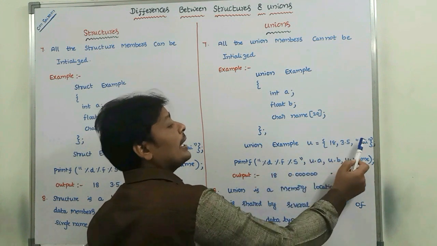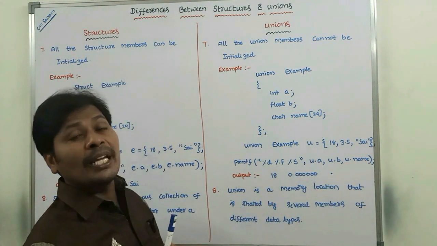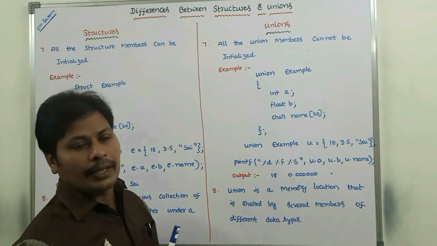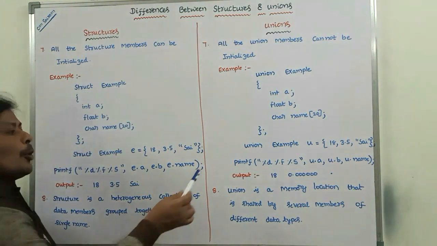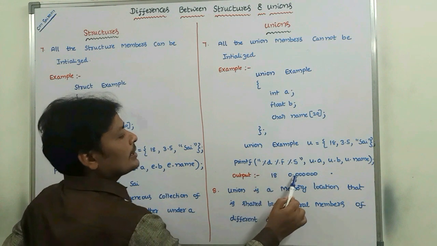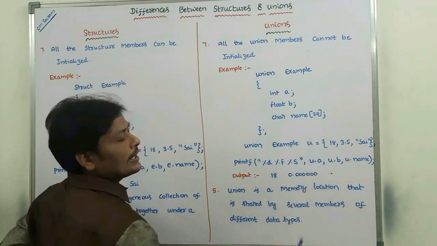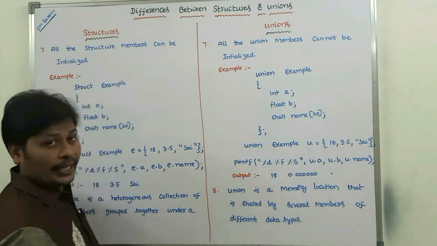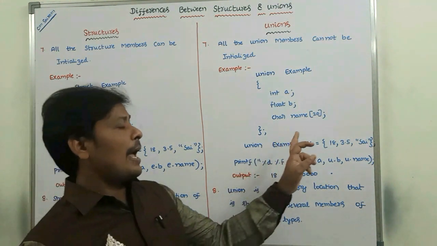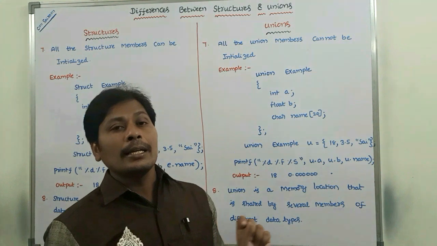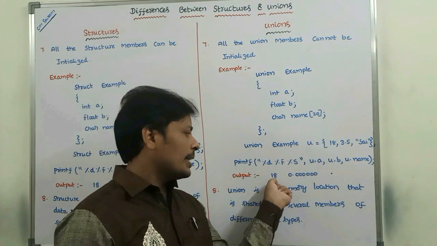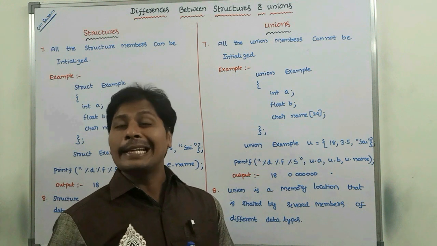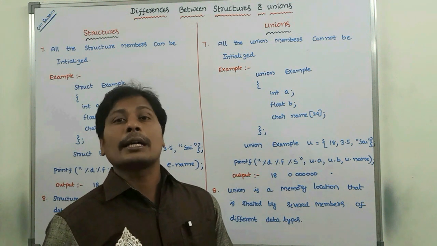So only 18 is printed, the remaining values are printed incorrectly. Whatever the first value we are initializing, that first value is printed correctly. The remaining data members are corrupted.